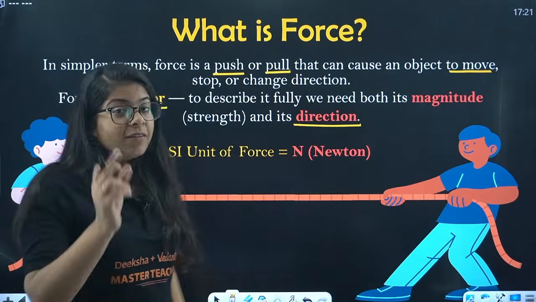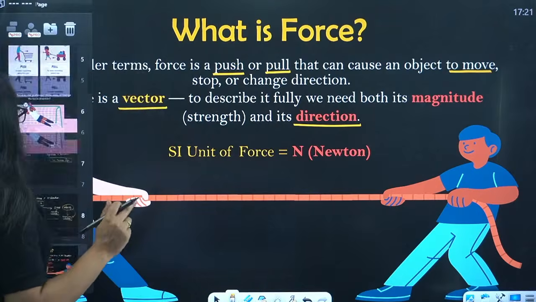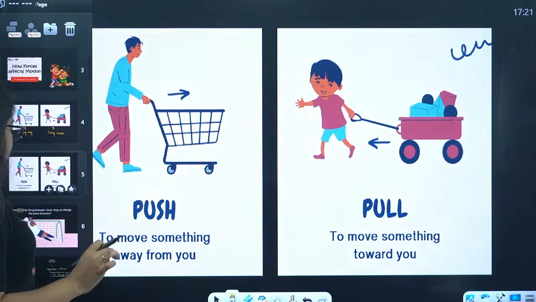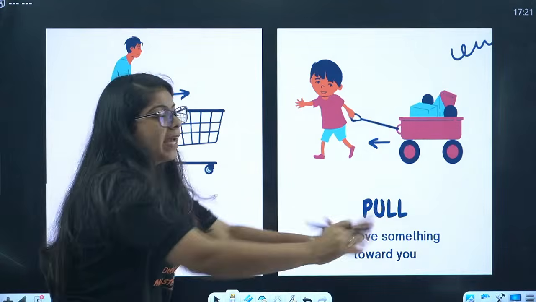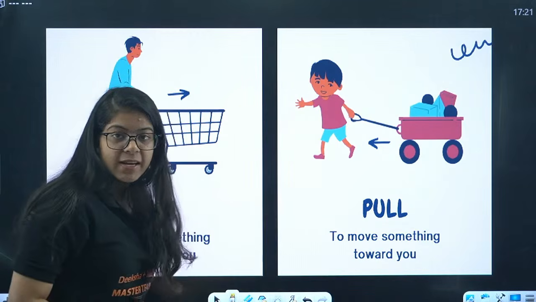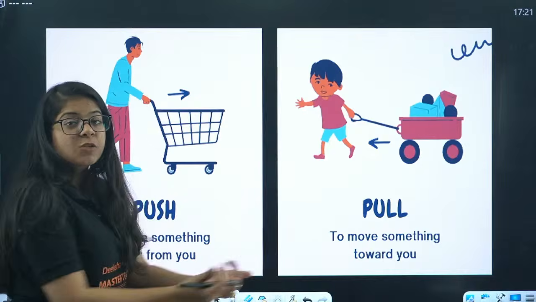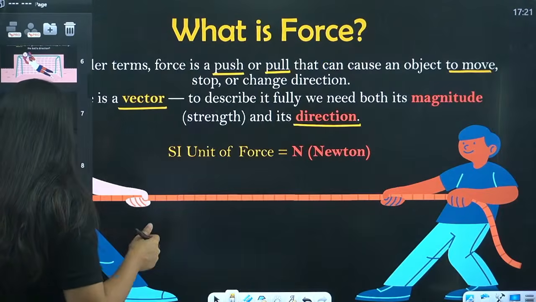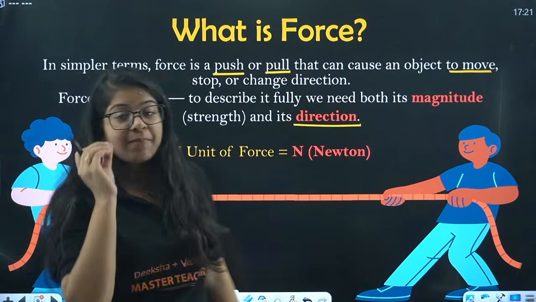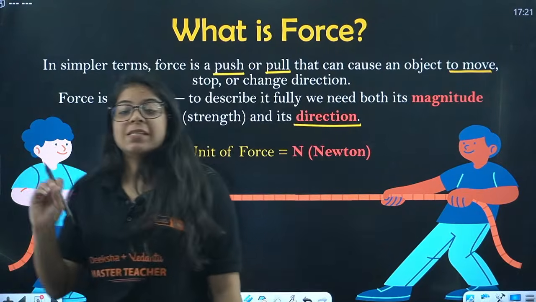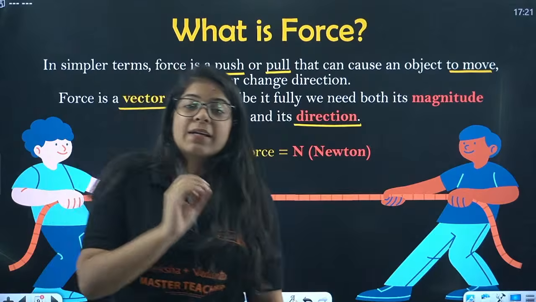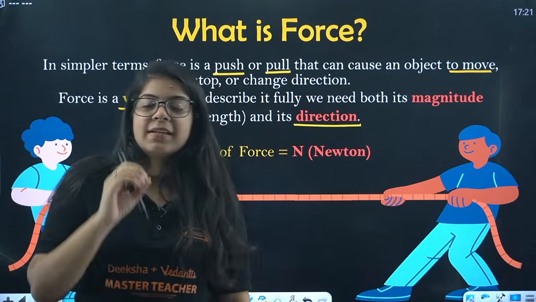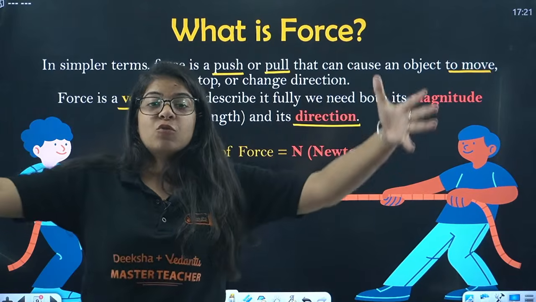Pushing means it is going away, there is a direction. It is coming towards you, that is pulling, that is a direction. So going back to force, we need magnitude as well as direction to completely describe what exactly a force is.